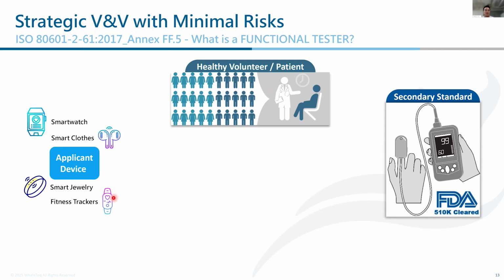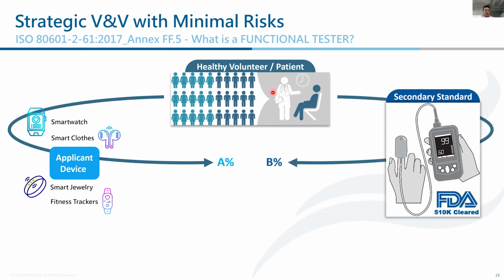They put it on the subjects to get a reading A, and then they put on the subjects the secondary standard, which is 510K cleared. Let's say it can be a very famous Nellcor or Masimo or GE device. Both devices are put on the subjects and they get readings. The device manufacturer will try their best to bring the A reading towards the B reading.